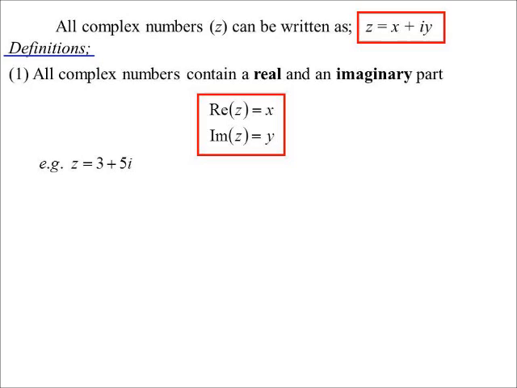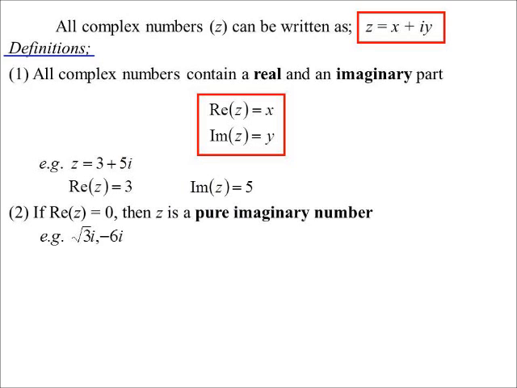So if I have 3 plus 5i, very simple question, what's the real part, what's the imaginary part? The real part is 3, the imaginary part is 5. It is not 5i. The imaginary part is 5. The i, when we write the number down, is telling us this is the imaginary part. All right. If the real part is equal to 0, then we have a purely imaginary number. There is no real part to it at all.